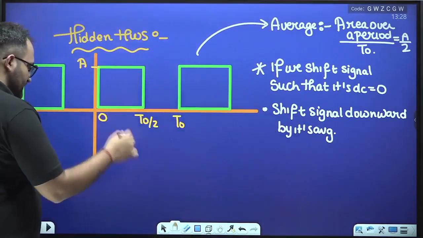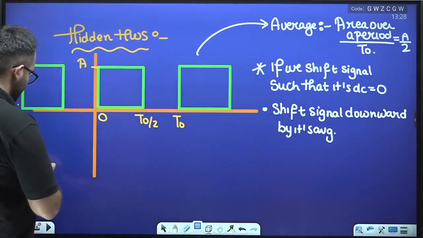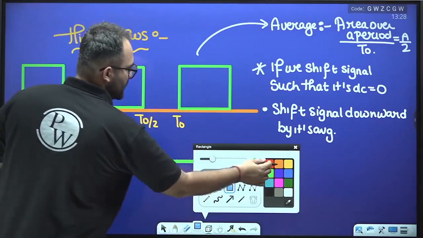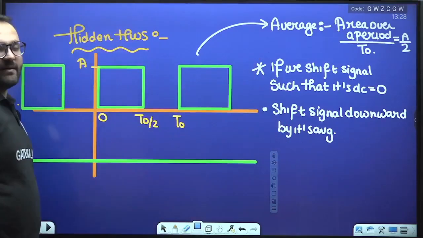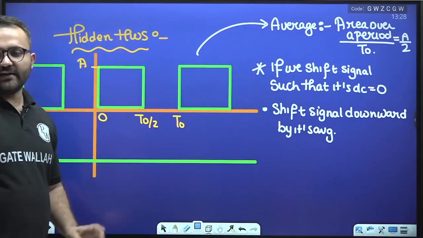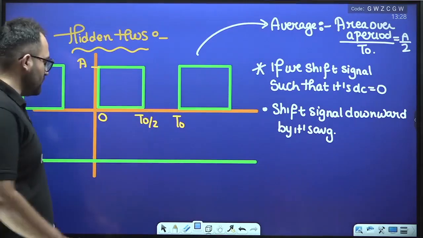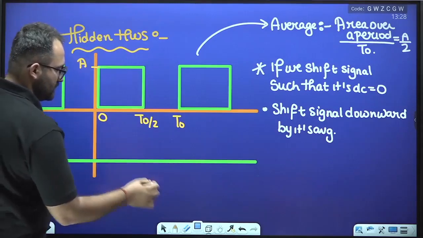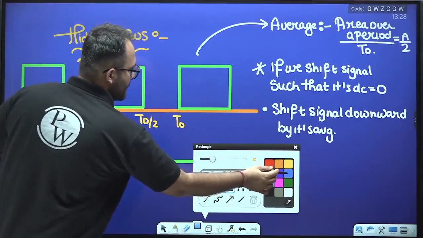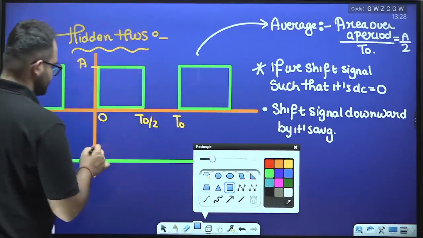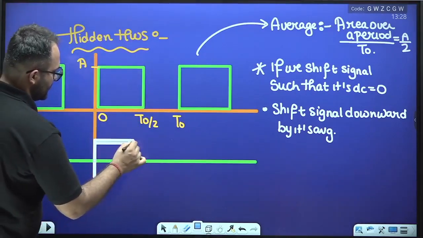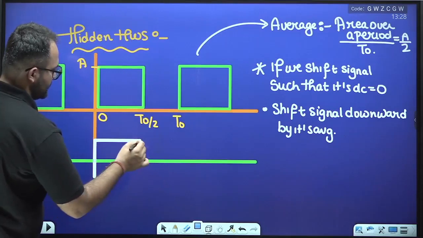So if we shift the signal downwards, what will happen? So what is the average value? Average value is A by 2. So we shift the signal by A by 2 downwards. Okay, A by 2 downwards. So we will get, when we shift the signal downwards, something like this.